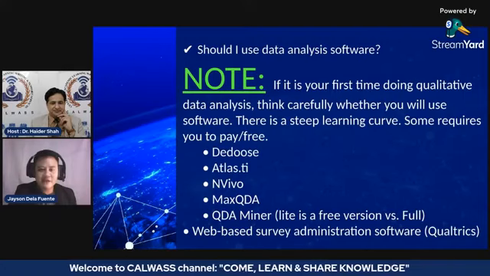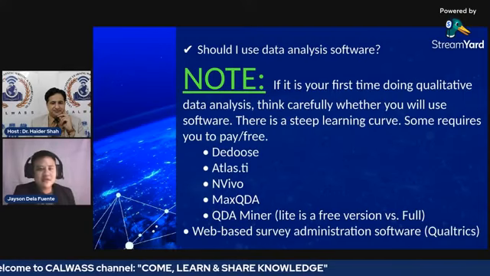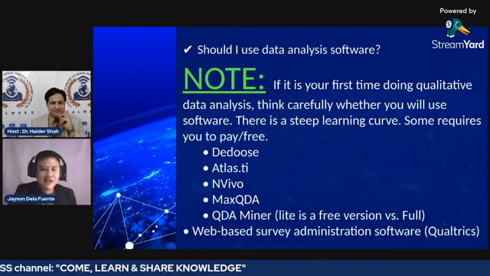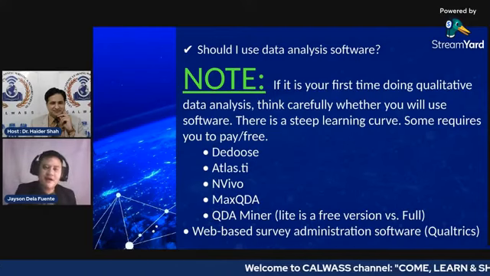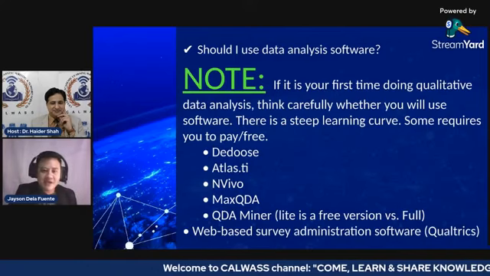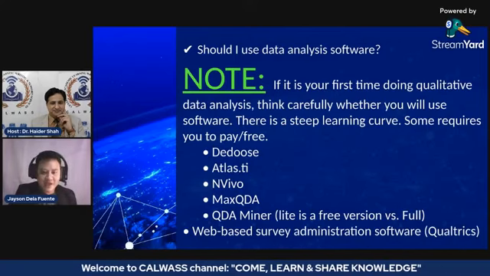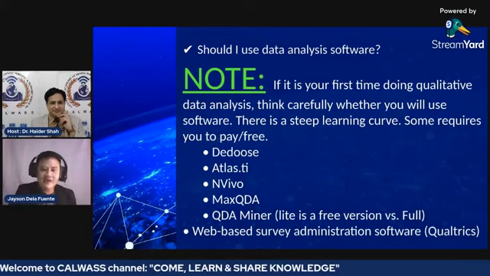But there are some limitations if we are going to use this software. For example, some of these are not free. You are going to pay in order to utilize their functions.